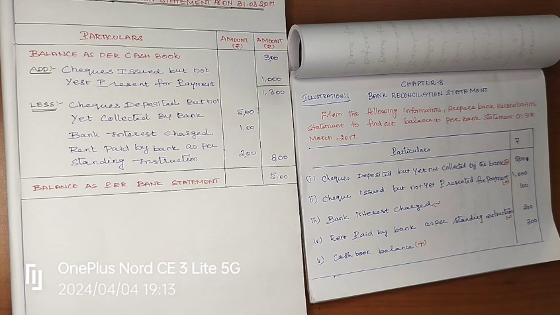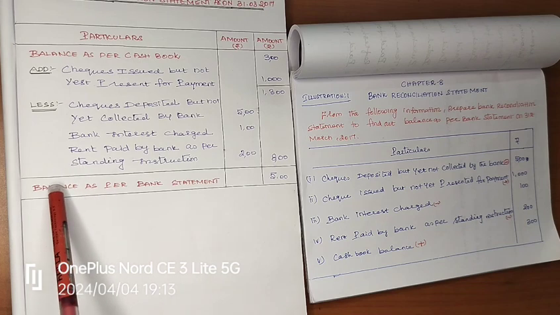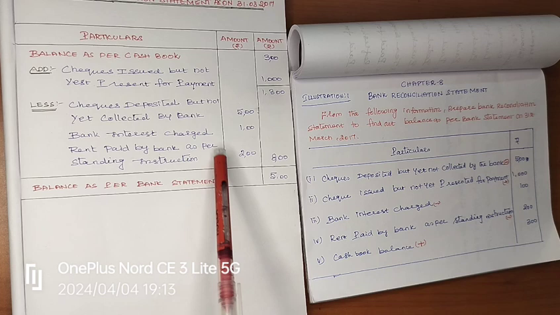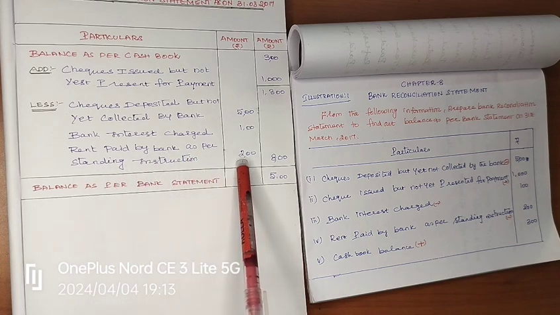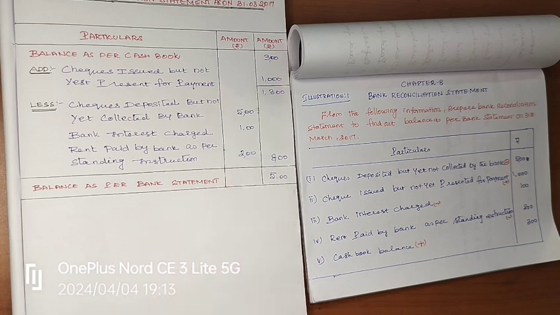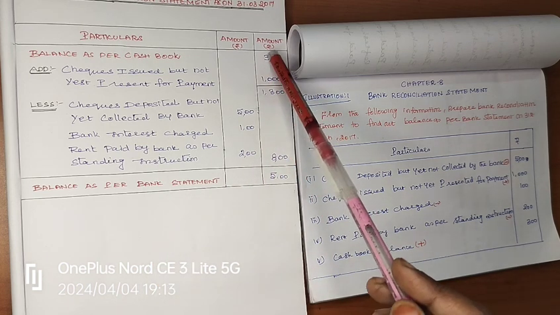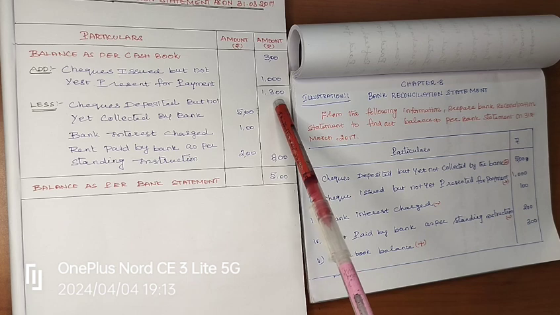So we have to enter all the transactions. In the subtracted column, we record rent paid by bank as per the standing instruction, 200 rupees. So we recorded all the transactions given here. Now we are going to find the balancing figure of the balance as per the bank statement. For that we add 1000 rupees to 300, we get 1300 rupees.